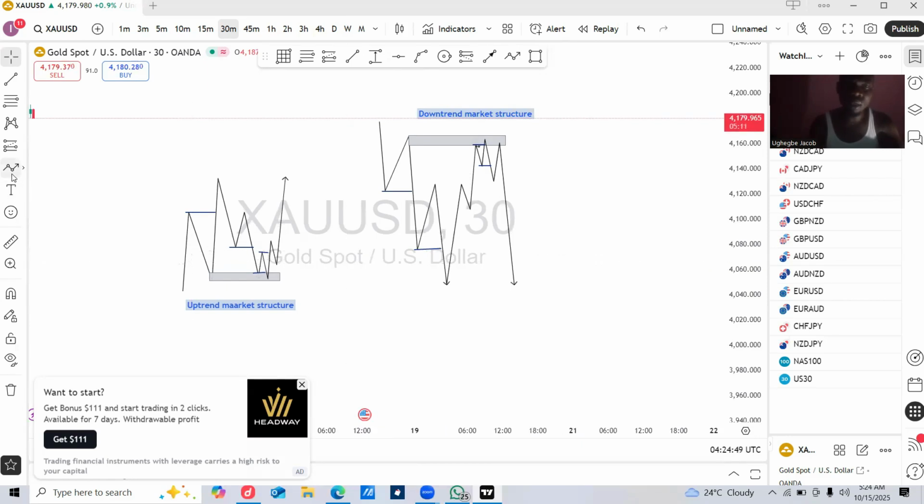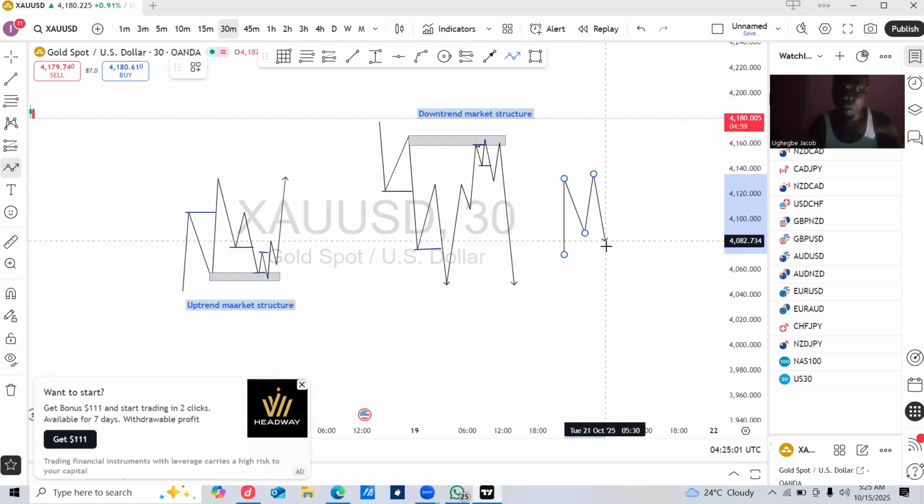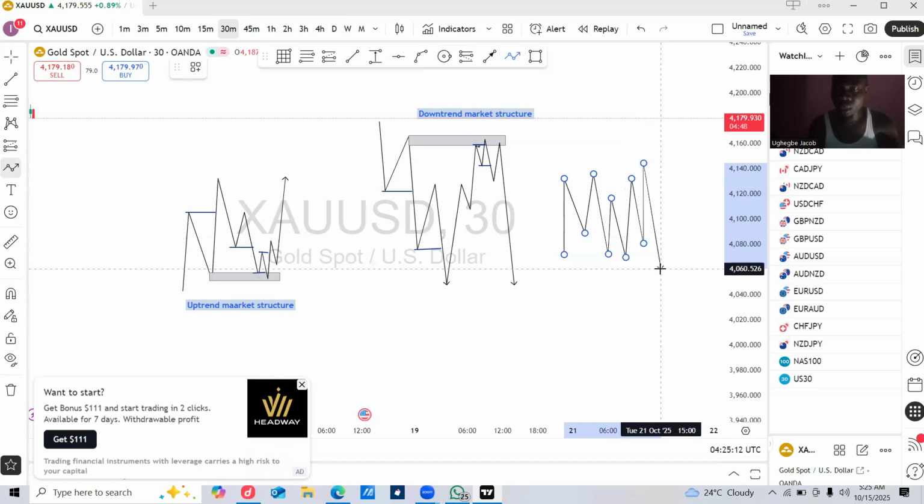Sometimes you will see that the market will be dancing around one circle, which is when the market is moving up, went up, returned back, created this movement, returned back, went up, came back, went up, returned back again to take this area, then went up.